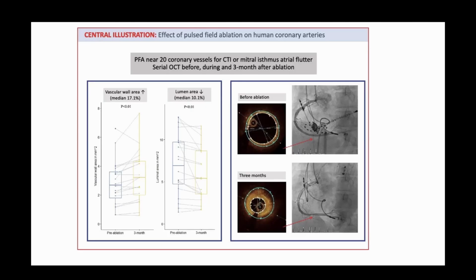Yeah, fantastic. And just to press you on this, so you're doing a PVI for AFib with PFA, and then you happen to induce atrial flutter. Maybe you've mentioned it to the patient. Today, having given the patient some warning, would you use the same catheter for CTI, or would you pull out an RF or a different type of catheter? Just curious.